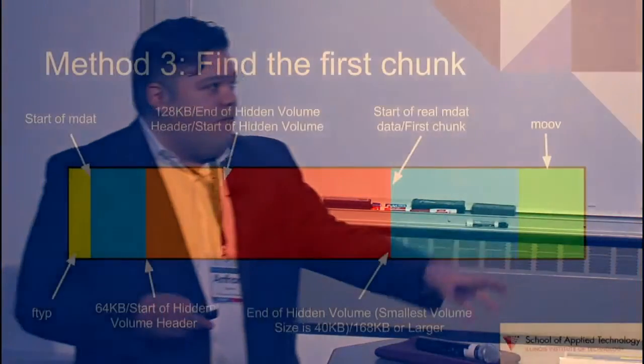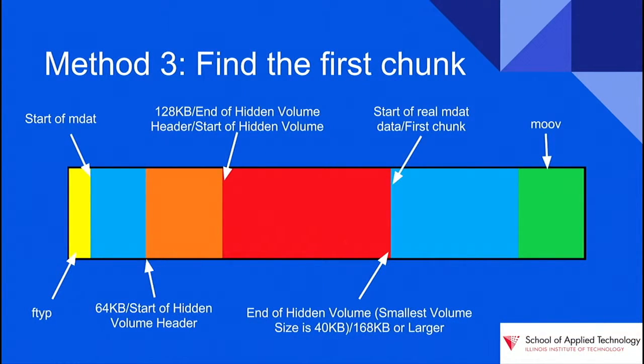But let's get to why this number is so important. In an MP4 file that has steganography in it, we're going to have this hidden volume in the MDAT. In addition to that, we're also going to have the volume header. We know that the smallest size volume is 40 kilobytes, and that puts us at about the 168th kilobyte of the file.